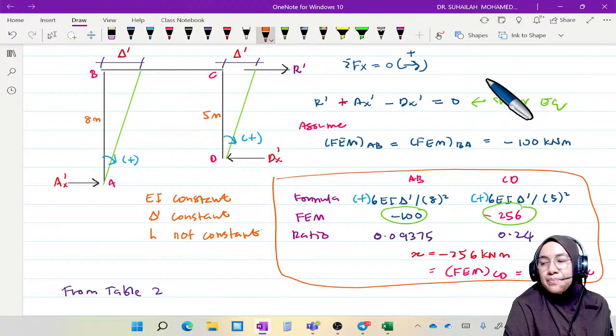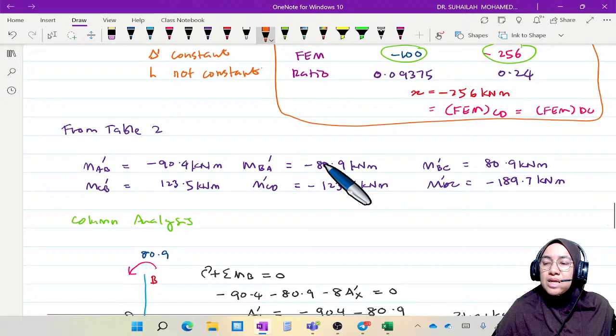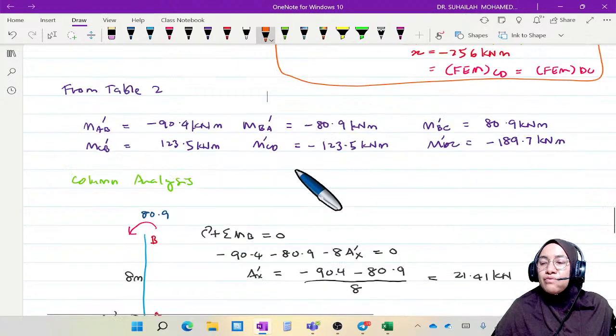Once we get this, we substitute into the table and get the end moment from table 2.